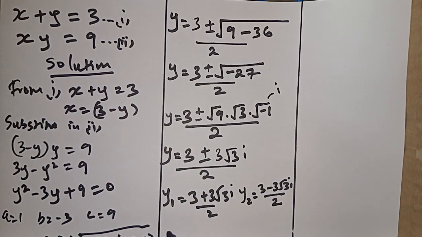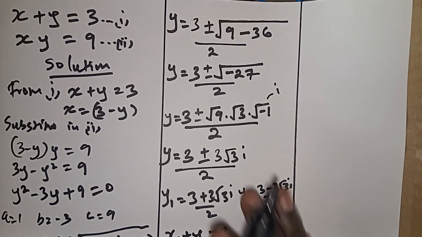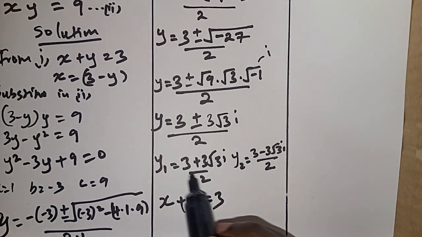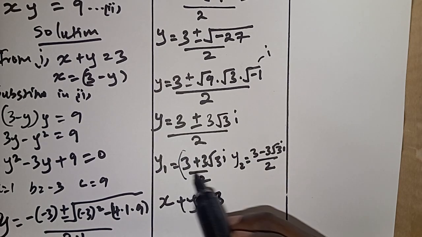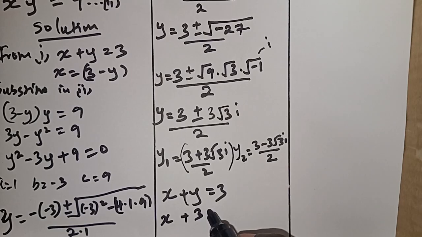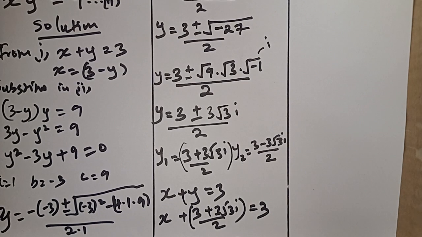I have x plus y is equal to 3, and wherever I have y, I want to substitute the positive part, so that I have x plus (3 plus 3 root 3 i divided by 2) equals 3.